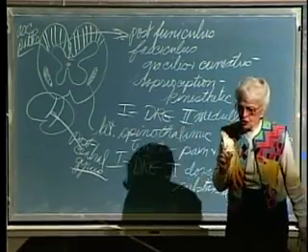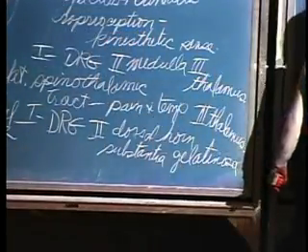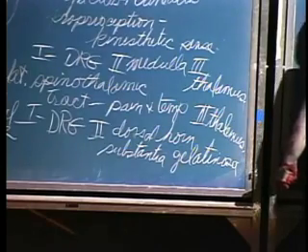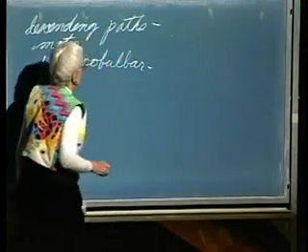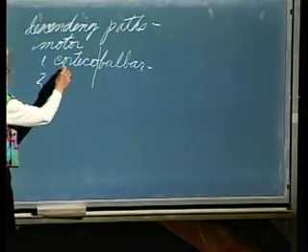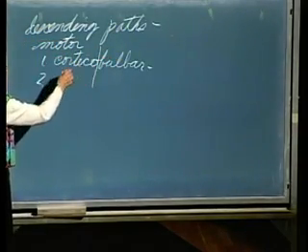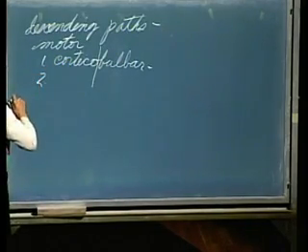First one is called cortico-bulbar. And what does that mean? You'll find with these paths that the first word in a path tells you where it begins. So this is going to begin in the cerebral cortex.